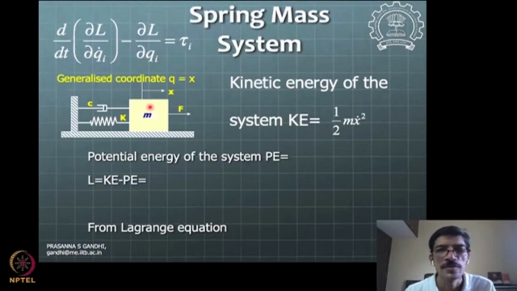The user, or mechatronics engineer, has to have a very clear understanding: this is an important part of my system, that is what I want to model, and other parts I'll ignore in the model. Otherwise you start thinking the spring also has a mass, or the damper also has mass, where is the kinetic energy, or sorry, the kinetic energy because of these masses, which we have not considered here.